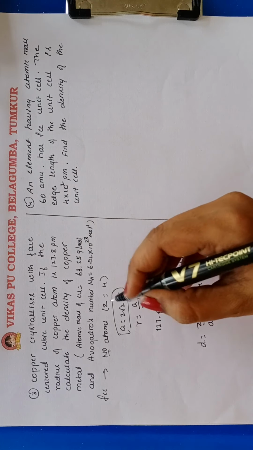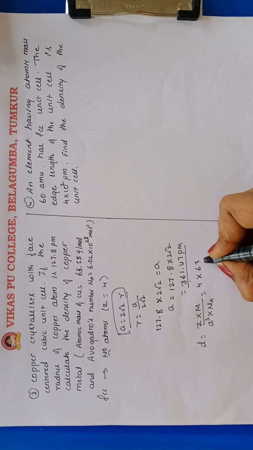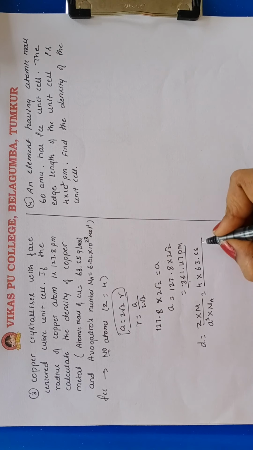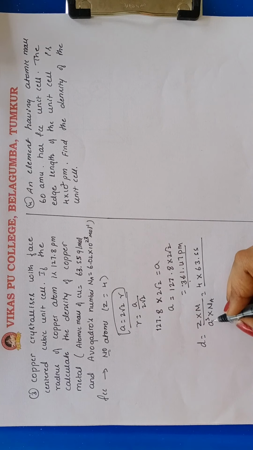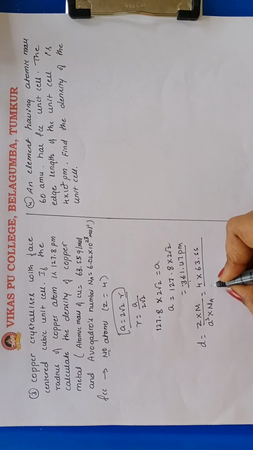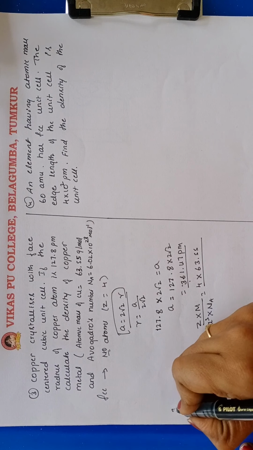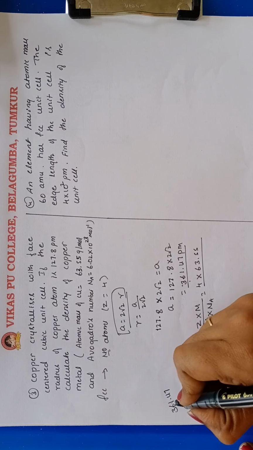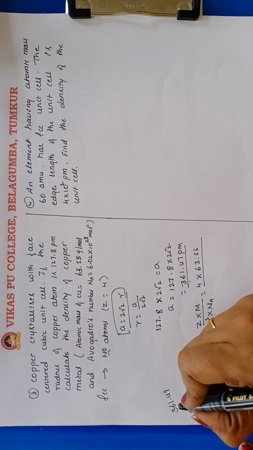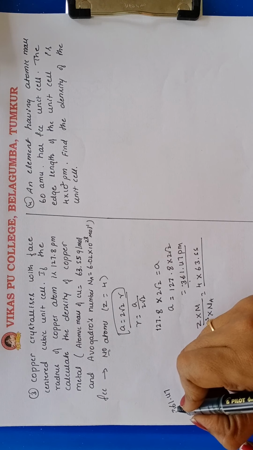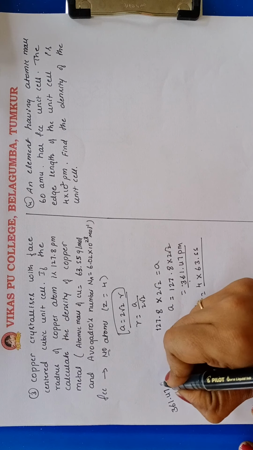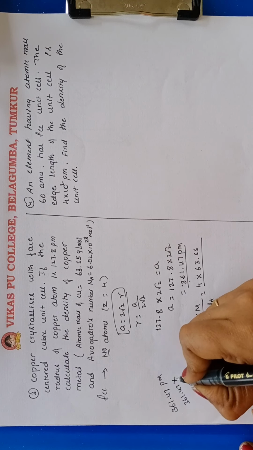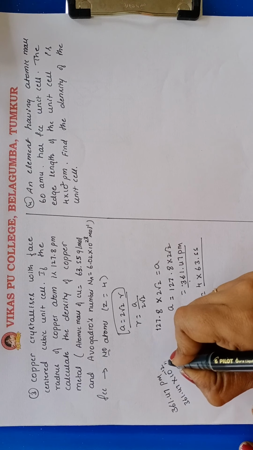The molar mass given is 63.55 gram per mole, divided by A, which is 361.47 picometer. We should convert this into meter, which means 10 to the power of minus 12, so 361.47 into 10 to the power of minus 12 meter.